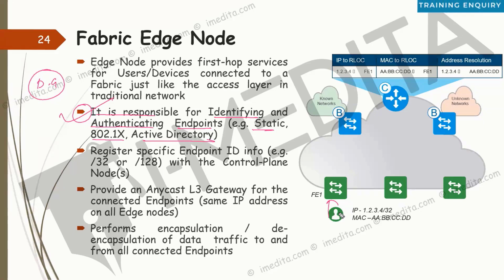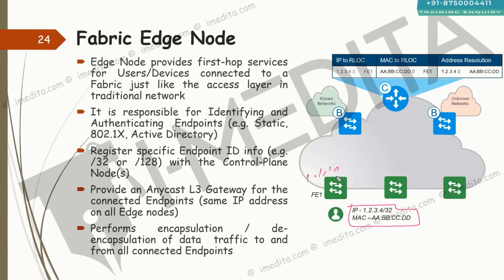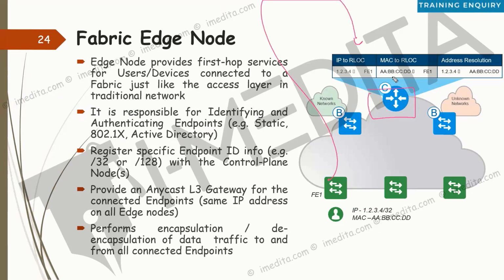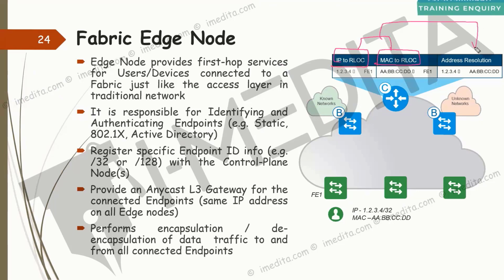It is going to register the information that a particular endpoint, IP and MAC address is connected on it, and this information it is going to register onto a device called the control plane node. Control plane node will have the IP to RLOC and MAC to RLOC mapping, based on which it will be able to know that this IP has this MAC address.